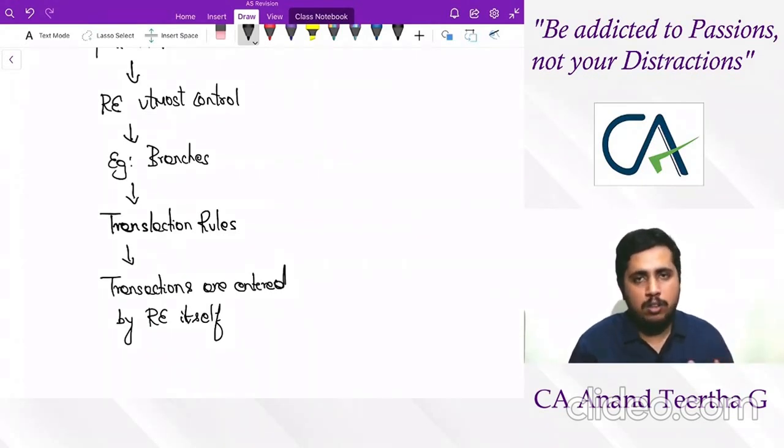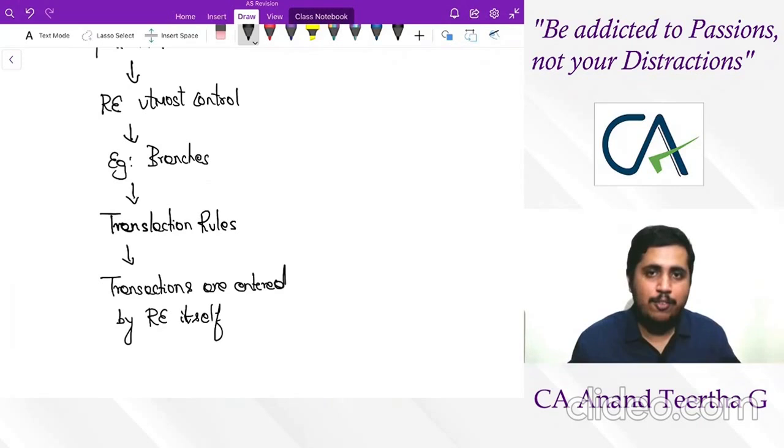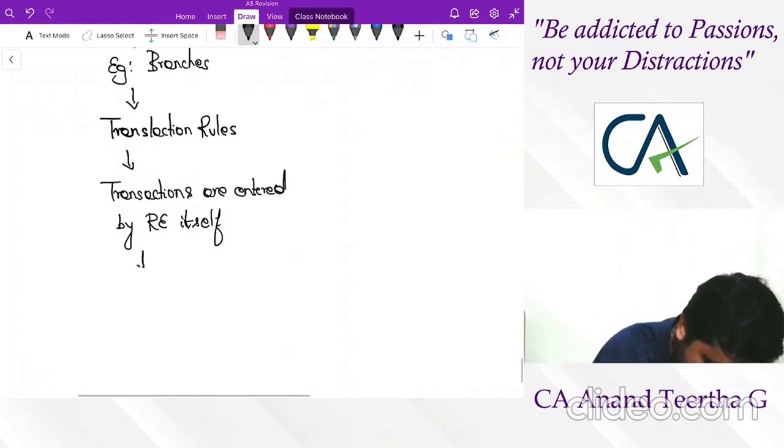Whatever the branch does is always on behalf of the head office. So automatically, it's as if the head office is entering into the transaction rather than the branch. Because the branch is not separate, the head office is not separate. They are the same entity, and the head office is the main entity. So under an integral foreign operation, whatever that integral foreign operation does, it's as if the reporting enterprise did it. So therefore, when it comes to the translation rules, we say transaction rules are equal to translation rules.